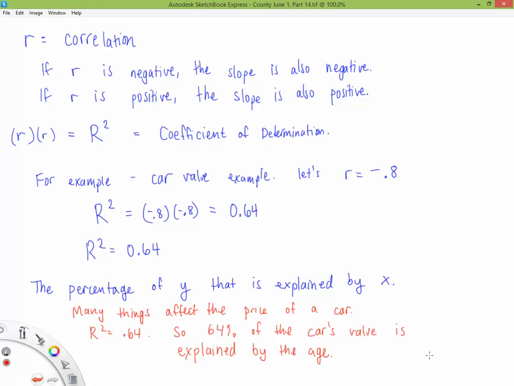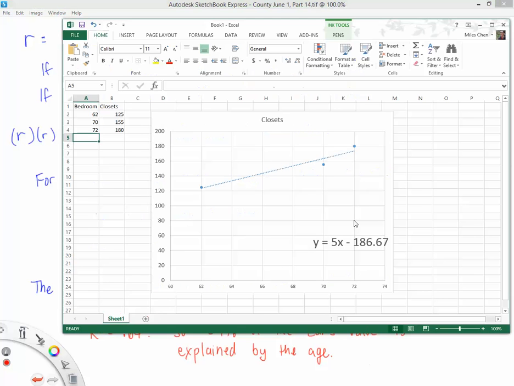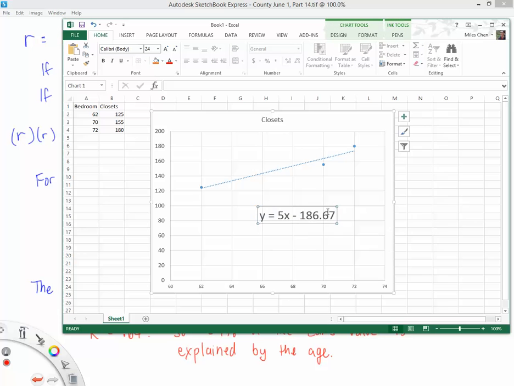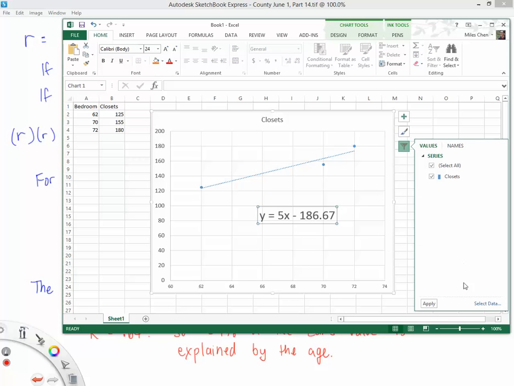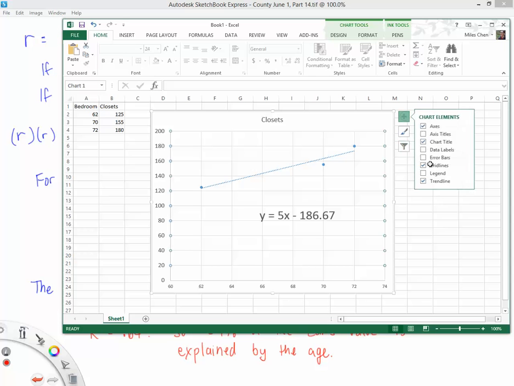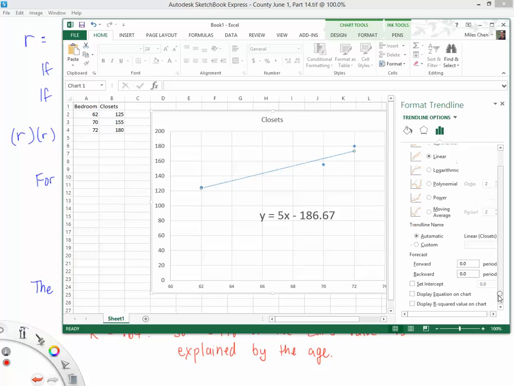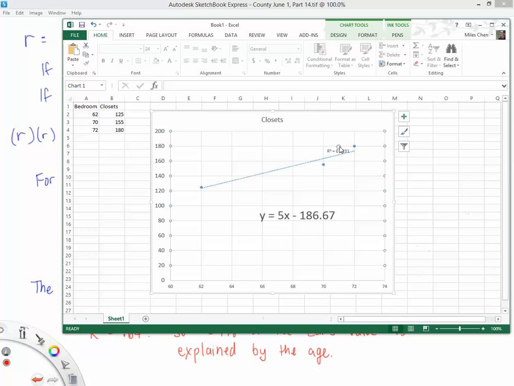This is also one thing you're responsible for: oftentimes when you get a scatter plot, sometimes they'll have the equation, and they might also have the r squared in there. Except here it's tiny, but they might throw this in there.